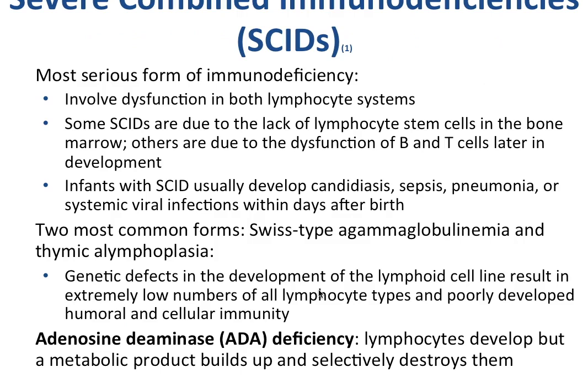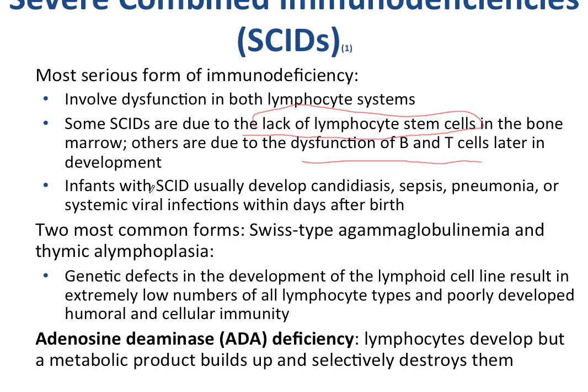Severe combined immunodeficiency. For this case, the cause would be a genetic error. The patient will not have enough lymphocyte stem cells. That's why the patient will have both B and T cell defects.